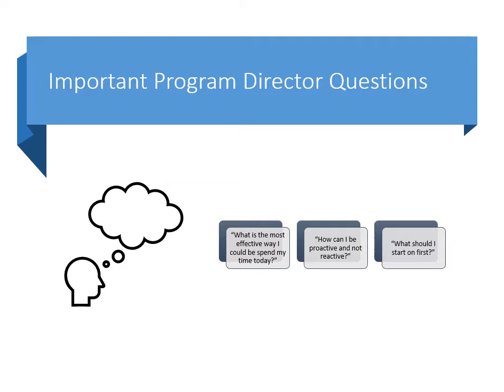I have found, at least for myself, that this logic model answers those questions, and it makes getting to work and working on the most important things easier and clearer to me as a director. I hope that you also find that this helps answer some of these questions for you in your program.